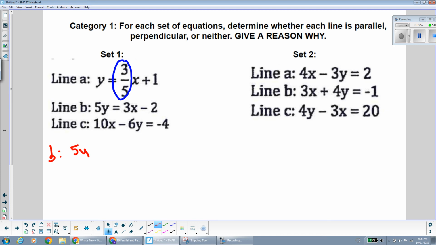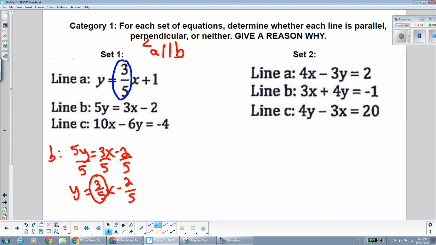So I'm going to do my equation, and I'm going to divide everything by 5 to get y by itself. And I see here that my slope is 3 over 5 as well. So I already see line A is parallel to line B. They have the same slopes. Parallel lines have the same slopes as each other.